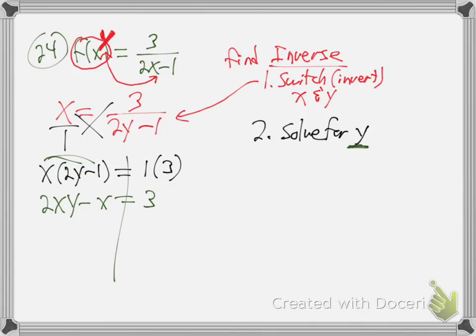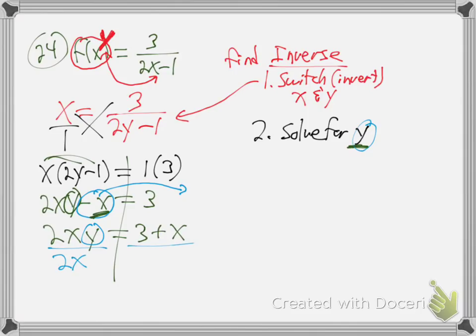Here's y right here. I want it to be alone, get rid of all this other stuff. So I'll grab this minus x and jump it to the other side. So that'll be 2xy is 3 plus x, right? When that minus x jumps over, it becomes a plus x. Last step to get y alone, divide by 2x, divide by 2x. Boom, boom. There's the answer.